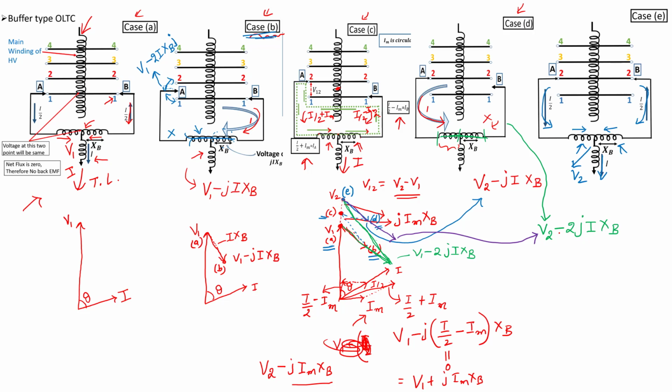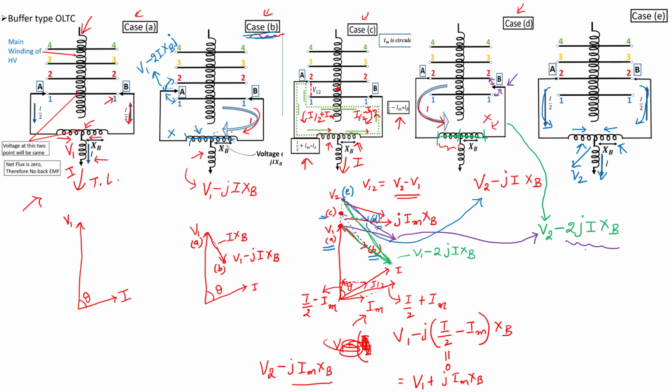Now this tip is the potential of this lifted arm B. Now the potential difference, V1 and this is simply 2 JIXB. V2 and this is simply 2 JIXB, and V1 and this is this phasor actually. V1, you have to simply draw from V1 to this tip.